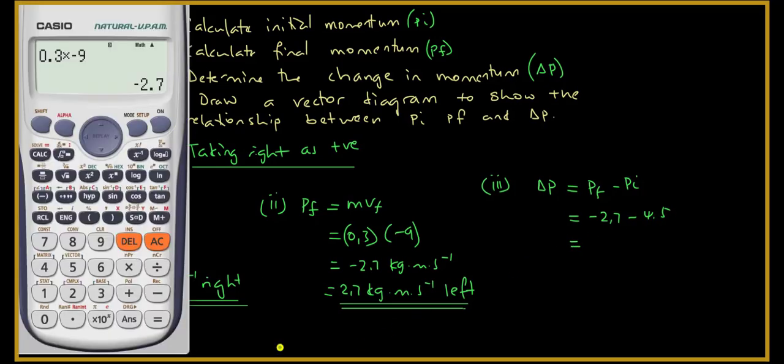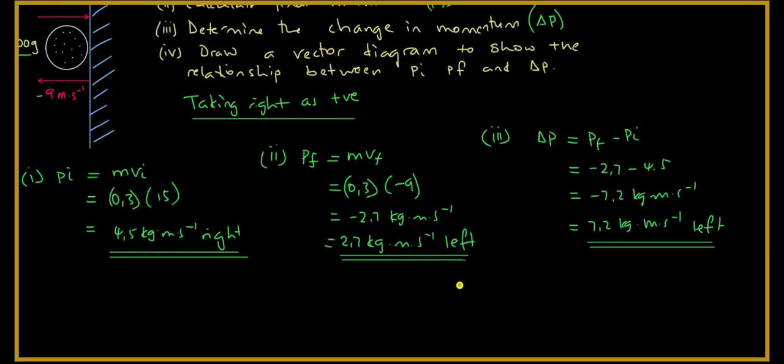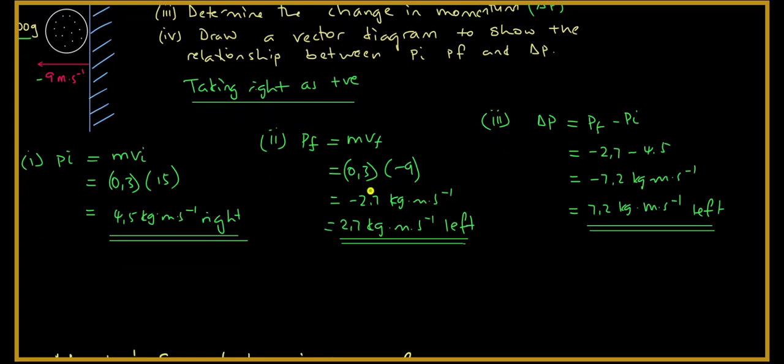So -2.7 minus 4.5 gives us -7.2 kgs meters per second, which is equal to 7.2 kgs meters per second to the left. Right, nice. Okay, now I have all my three vectors. I now need to draw a vector diagram to show the relationship between all these vectors.